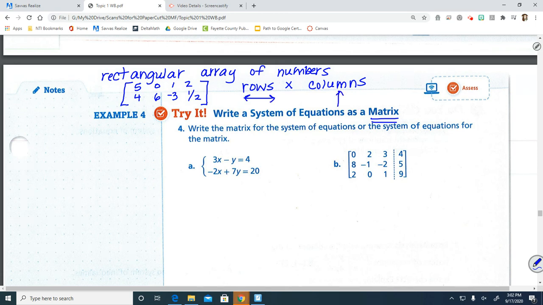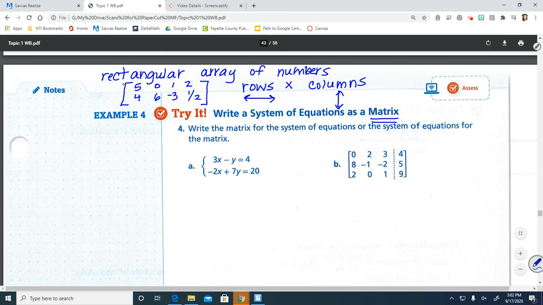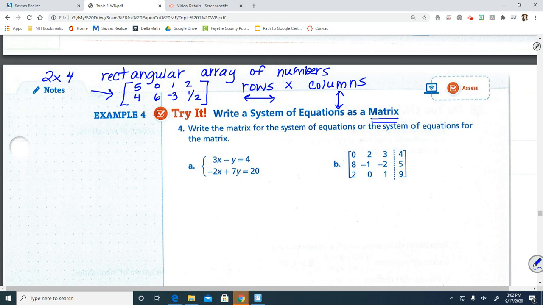If you think of columns on a building or on a house or on a mansion, the columns go up and down, rows go left to right. So this matrix right here has 2 rows and 1, 2, 3, 4 columns. So I would call that matrix, let me point an arrow to it over here, a 2 by 4 matrix. So that's how you would refer to each part.